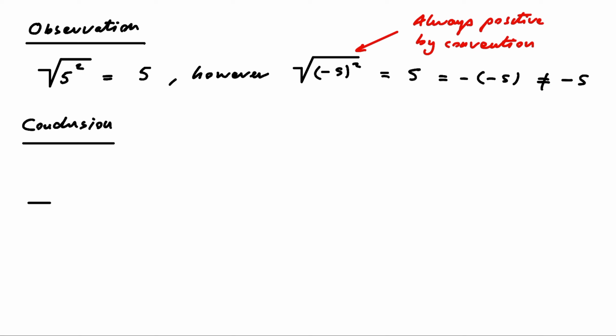If I take the square root of a square, this is equal to, well, it depends. It depends if x is positive or negative. So to talk about this, I'm going to use something called piecewise notation. Piecewise notation is when you have something which is defined in two different ways depending on a certain set of circumstances.